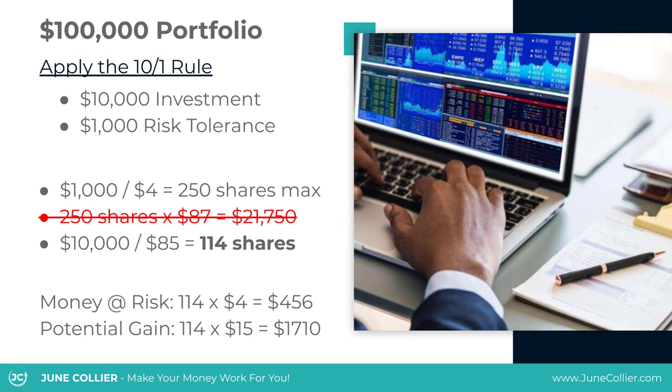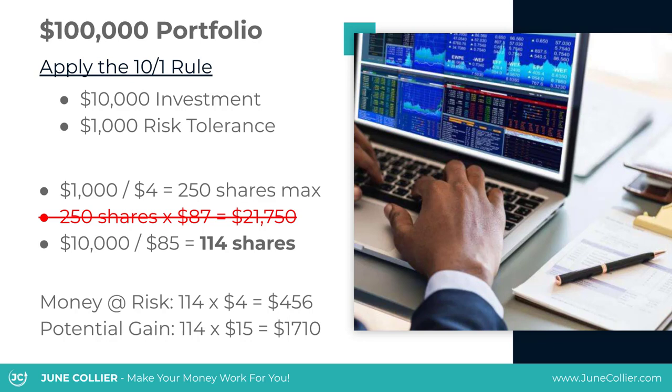Let's work out how the last example of an $87 stock with a $4 risk and a $15 reward would work out on a $100,000 portfolio. If you had a $100,000 portfolio and you applied the 10-1 rule, you would invest no more than $10,000 in any investment. You would also only risk $1,000 in that investment.